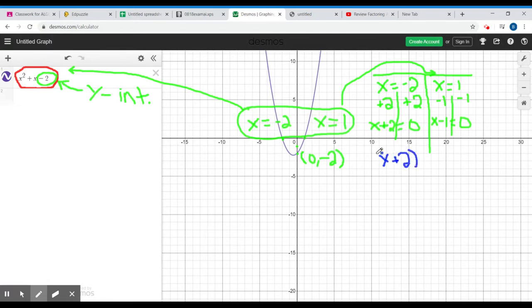So now that we have x plus 2, I'm going to put that in parentheses, and then next to it, x minus 1. And remember, all I'm doing is taking this part and bringing it down there. If I do the FOIL method, or the box method, where I've got an x on top and then a 2, we do our box method.